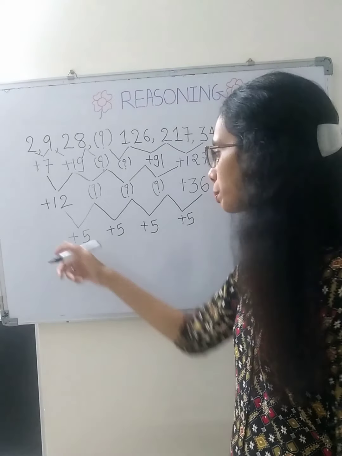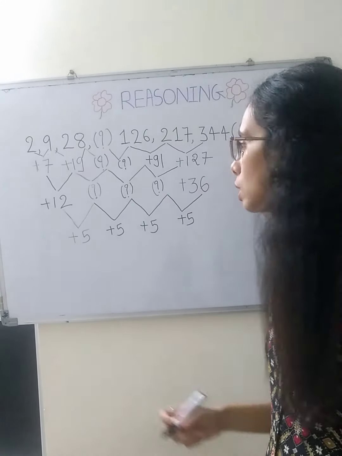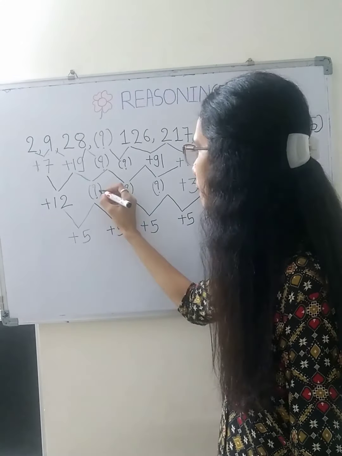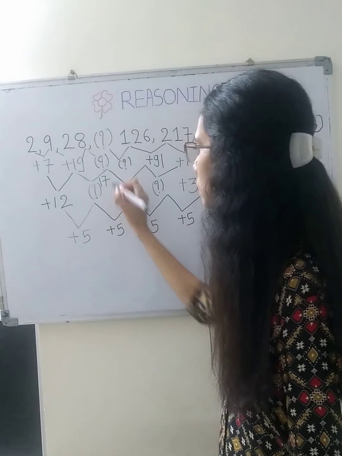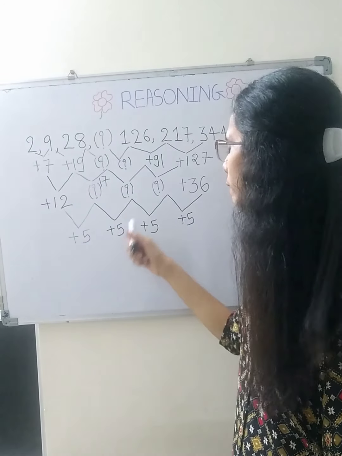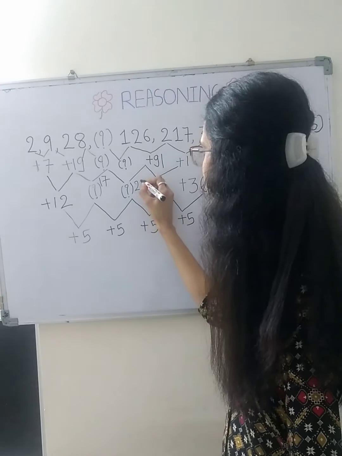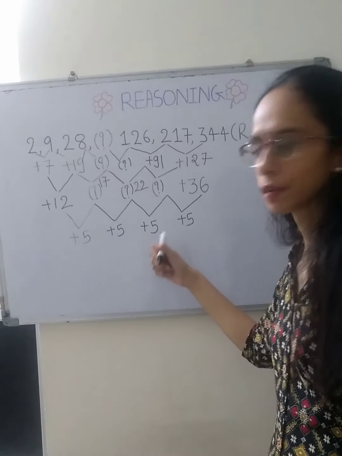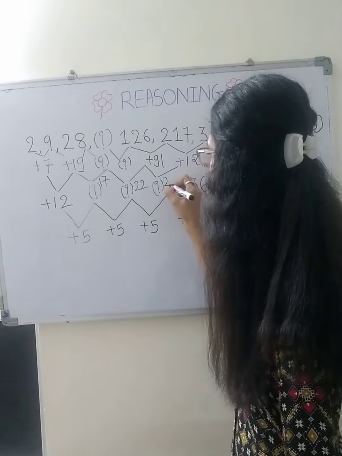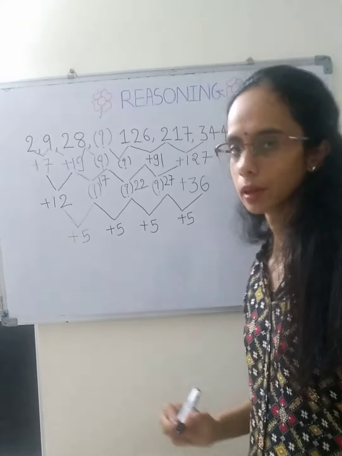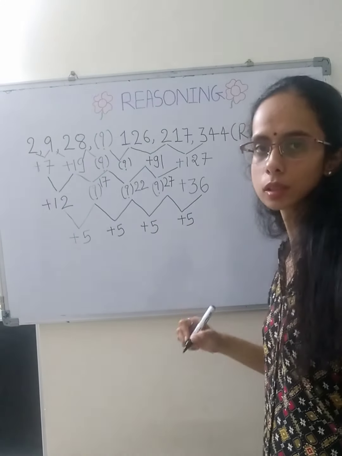Let us try out this difference first. So 12 plus 5 is 17. Then 17 plus 5 is 22. 22 plus 5 is 27. And 27 plus 5 is 32.